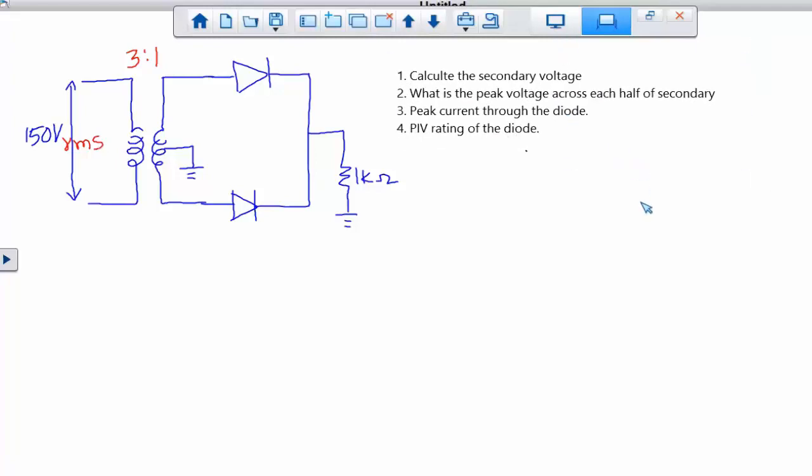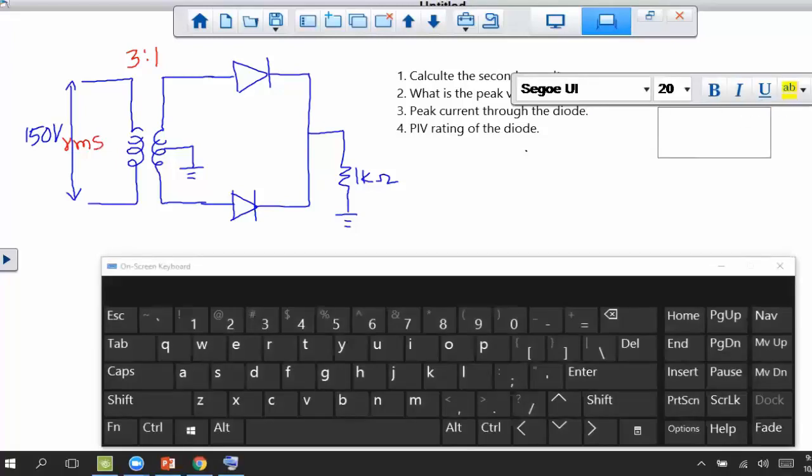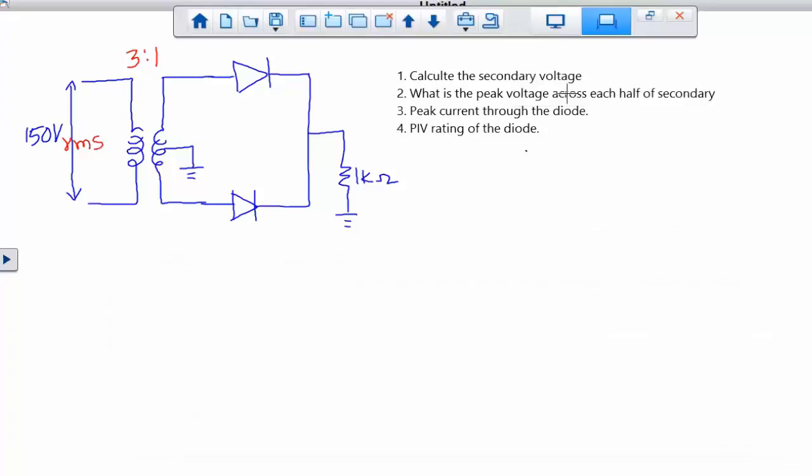All right, so this is what we are looking at for this problem. One with 18.375. That's for peak out, maybe.